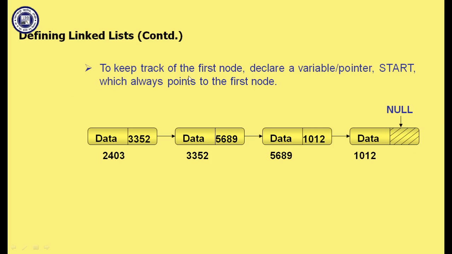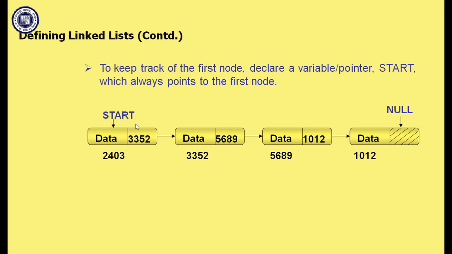Now to keep track of the first node, we need to declare a variable or a pointer with any name. In this case, let us take the variable with the name start, which will always point to the first node in the given list.